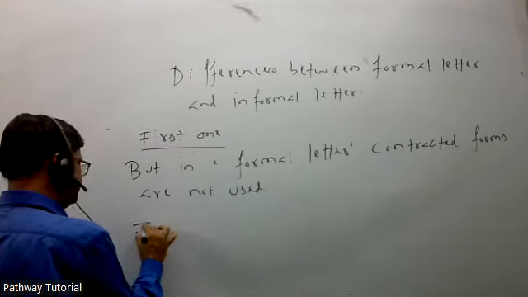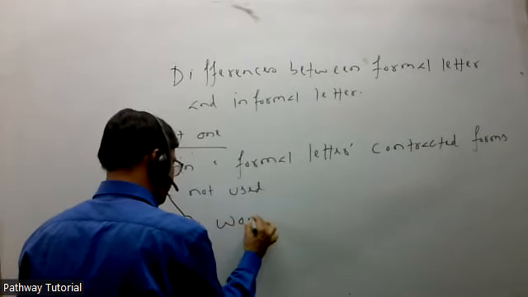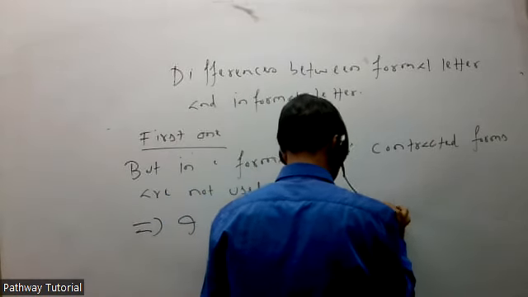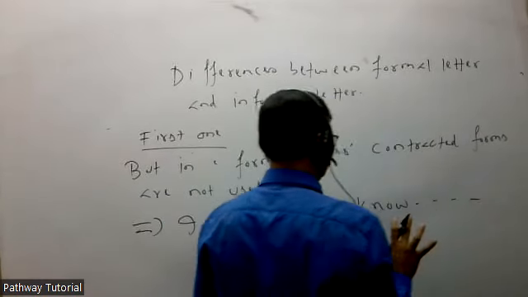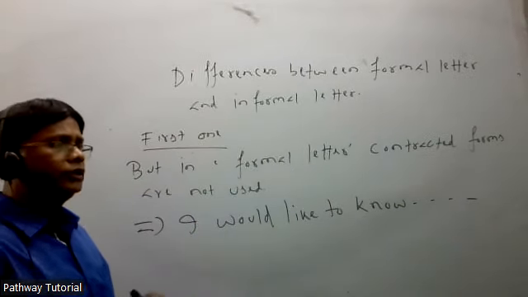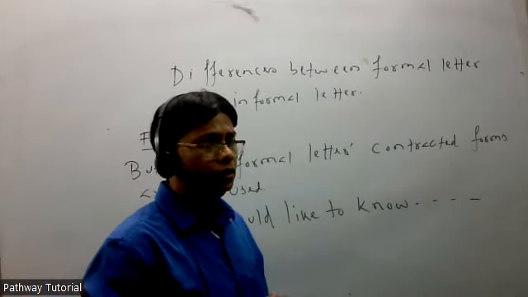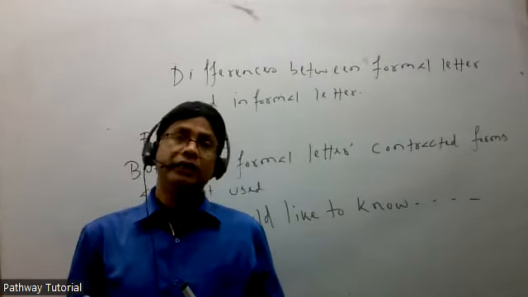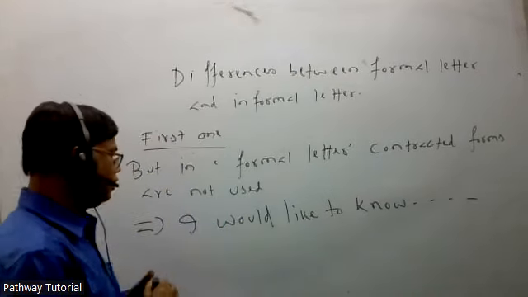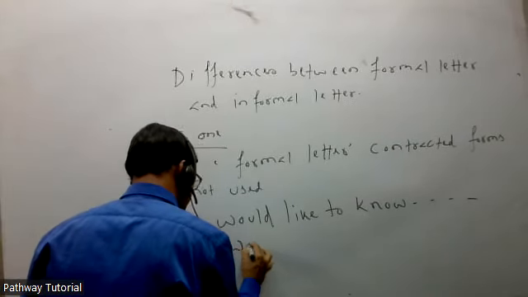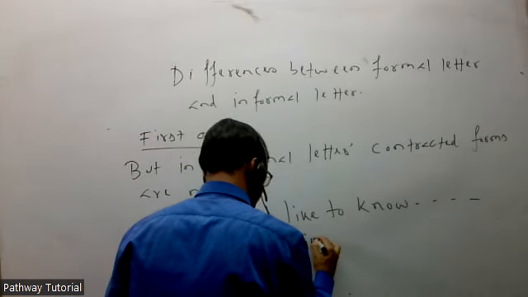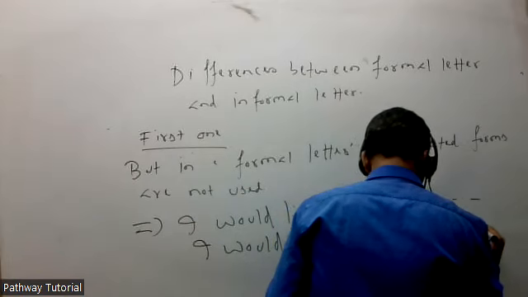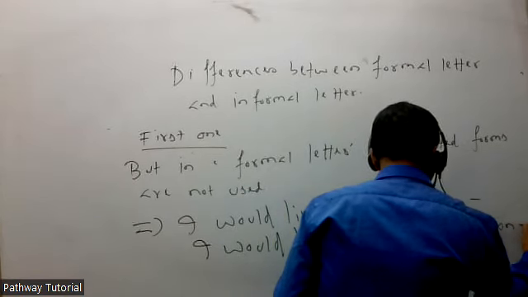Here we may start like this: I would like to know dash dash dash. I'd like to know the price. I'd like to know the things. I'd like to know the quality. I'd like to book a seat, or I would like to book a seat on dash.